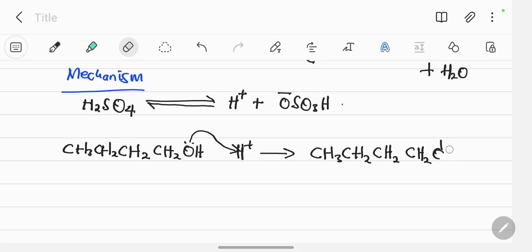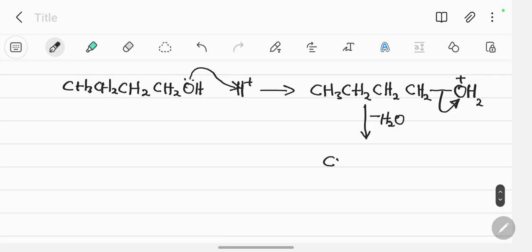Now, let me include the bond, OH2 plus. So, at this point, we have to remove that water. As you remove the water, indicate that you've lost the water and you have a carbocation, CH3CH2CH2CH2 plus.